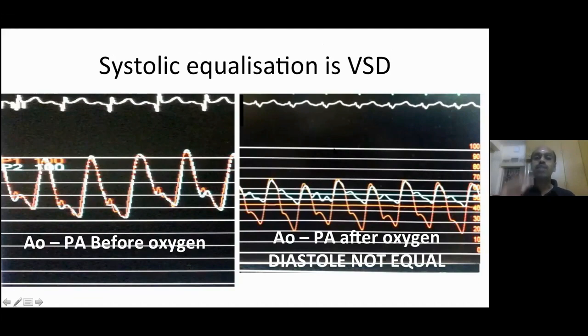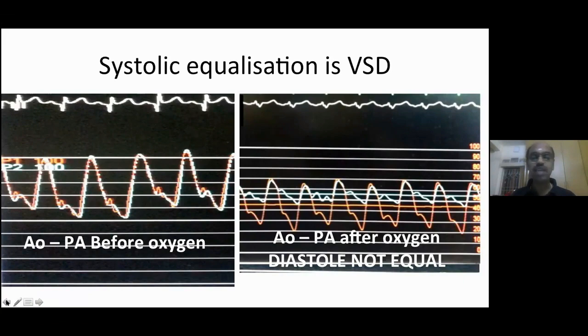The fall in the pulmonary vascular resistance results in a fall in the pulmonary artery diastolic pressure, because when the semilunar valves are closed, there is a continued runoff from the pulmonary artery into the pulmonary capillary bed. So the pulmonary artery diastolic pressure progressively keeps falling down and down and down. So there is a systolic equalization but diastolic separation. This diastolic separation will result in a fall in the pulmonary artery mean pressure.